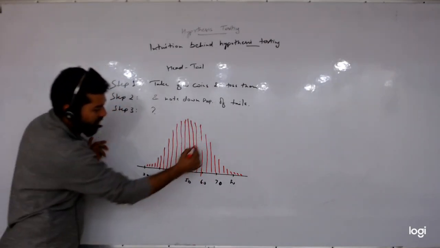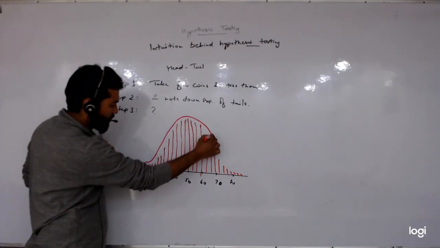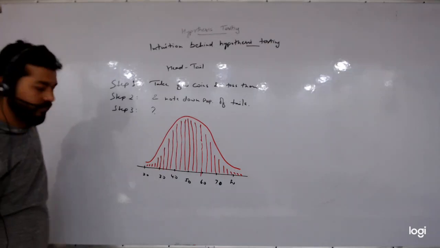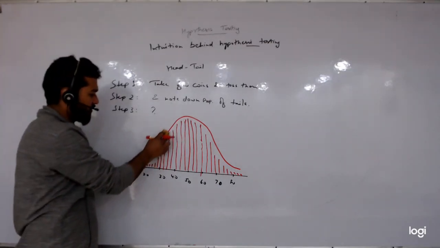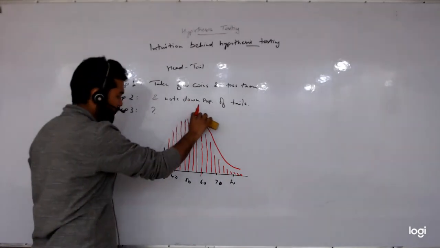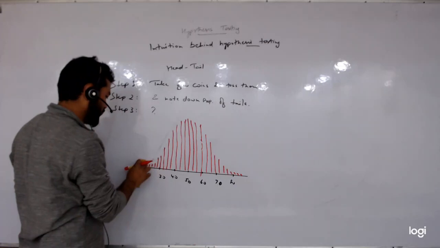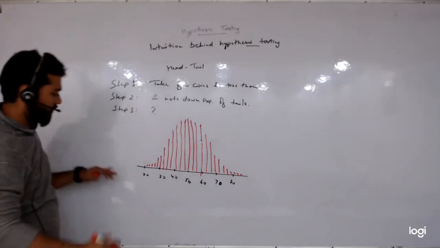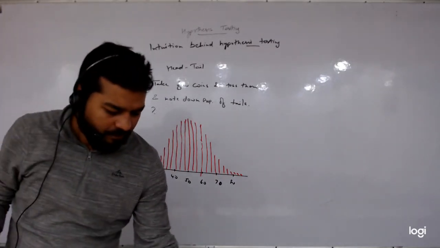I've tried to make it look like a normal distribution. Okay. One would expect something like this. And on the vertical axis we would have the probability of obtaining like this.